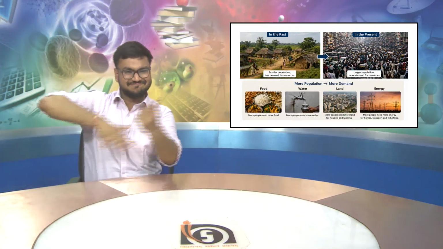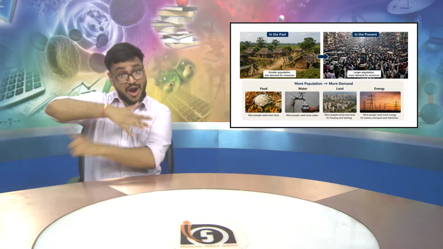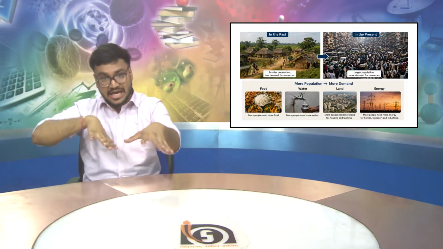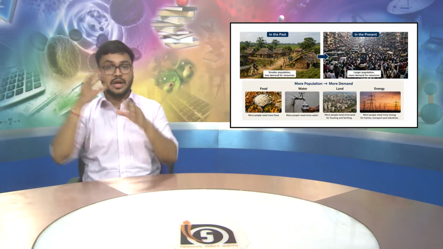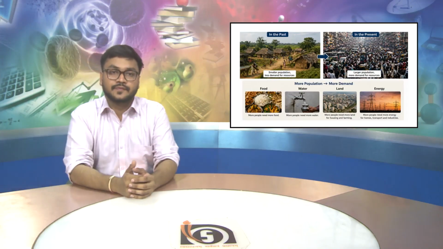There is a visual representation of the increase in population, comparing population from the past to the present. In the past there were fewer people, so less demand for resources, but now population has increased.